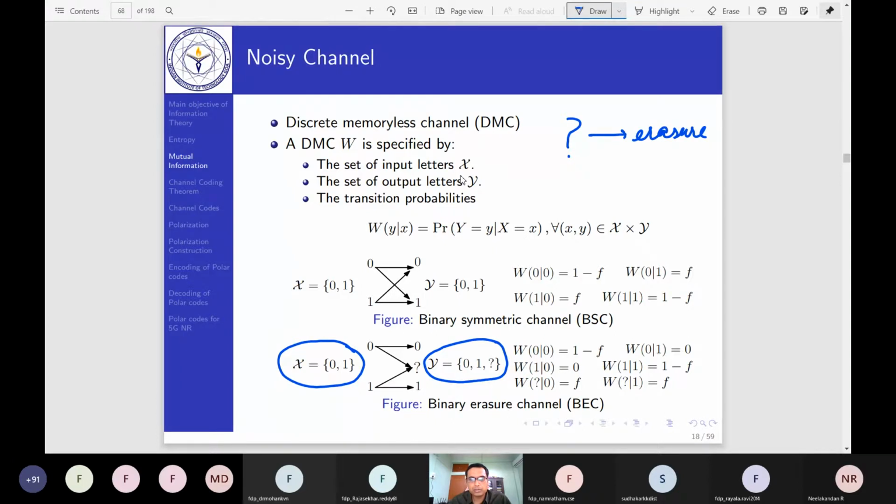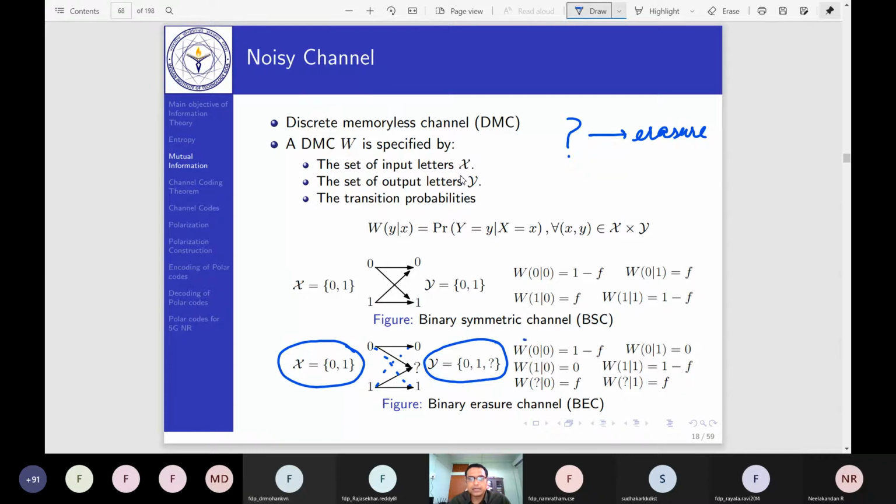The good thing about the binary erasure channel is that there is no link from 0 to 1 or 1 to 0. Because these links are not there, if you receive 0, we are completely sure that it is correctly received. And if we receive 1, we know that 1 was transmitted. The problem occurs only when we do not receive anything. If we receive something, then if the model is BEC, it must be correctly received.